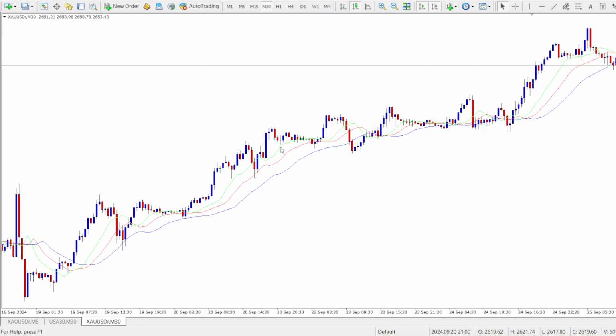Meanwhile, the lips, the green line, signifies potential changes in market sentiment or the start of a new trend.